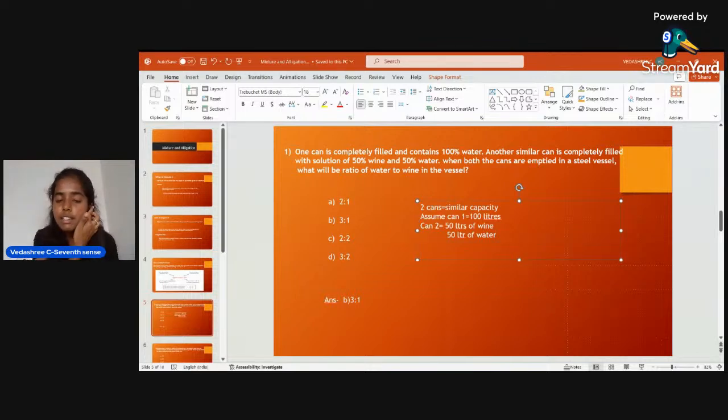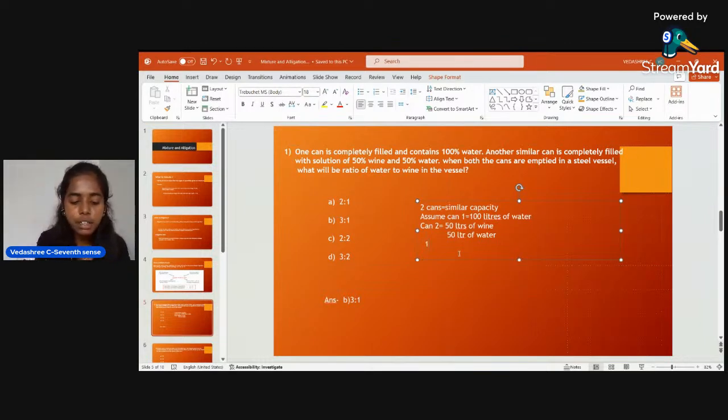Now we'll consider the complete can. There is 100 liters of water and 50 liters of water. When we sum up both, 100 plus 50, we get 150 liters of water and 50 liters of wine.